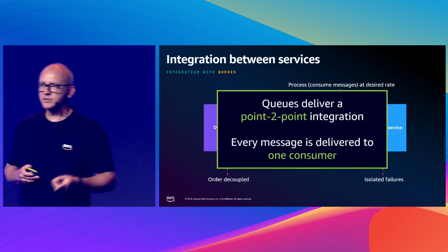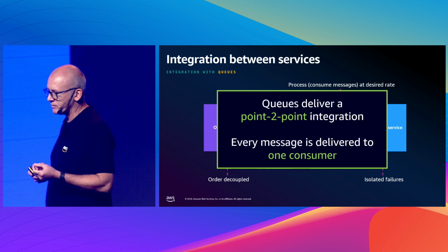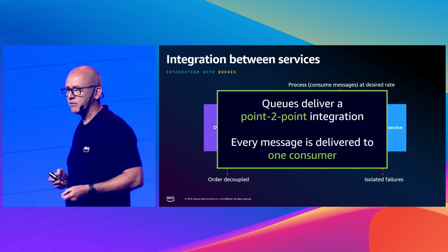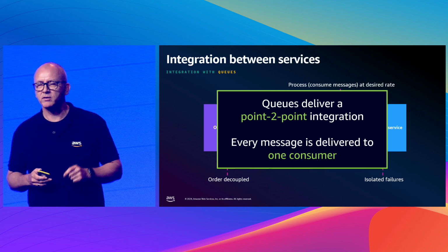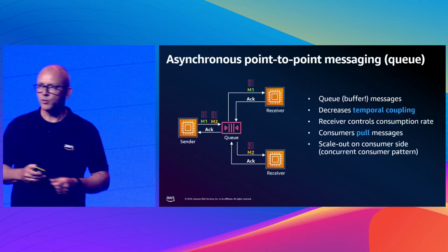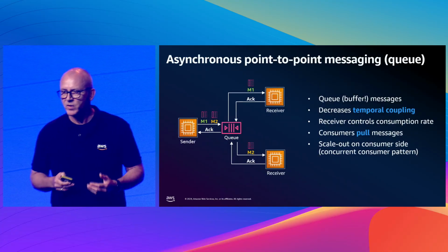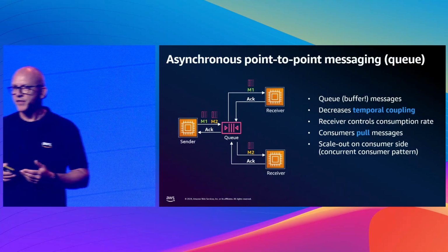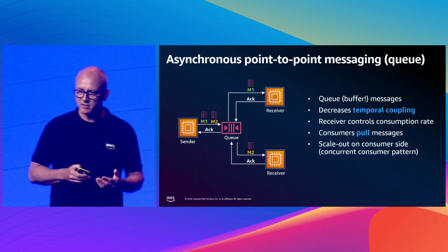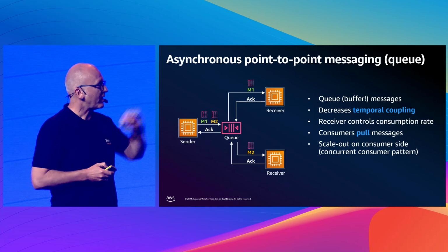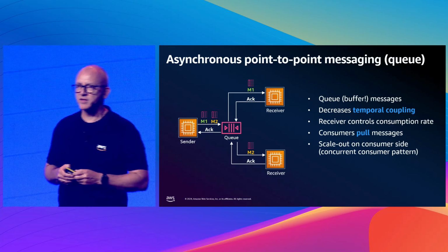And the important thing to remember here regarding queues, it is a point-to-point integration. That means there's one consumer for every message, which is not a bug, but a feature, because it supports the concurrent consumer pattern, which is the last bullet point here on this list.